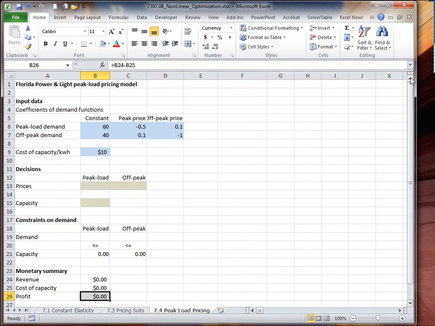How do we calculate demand? Using the formula that we were given, right?